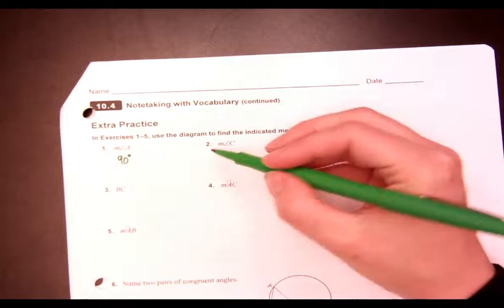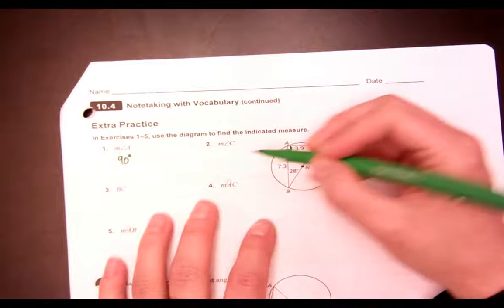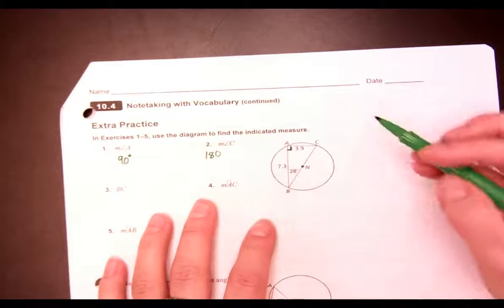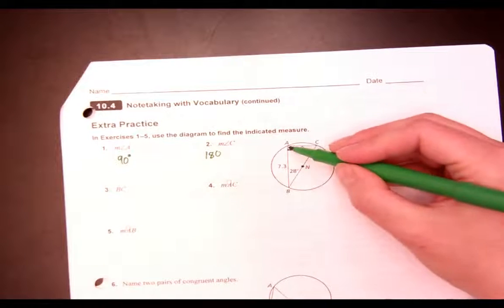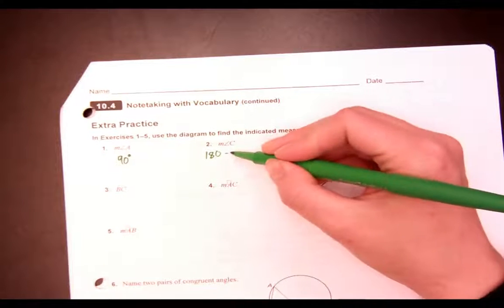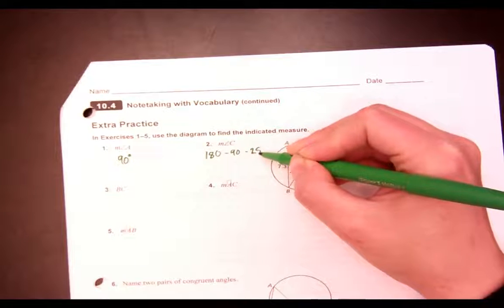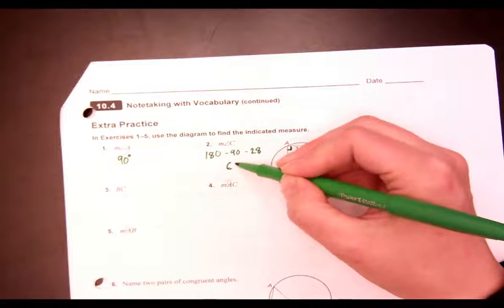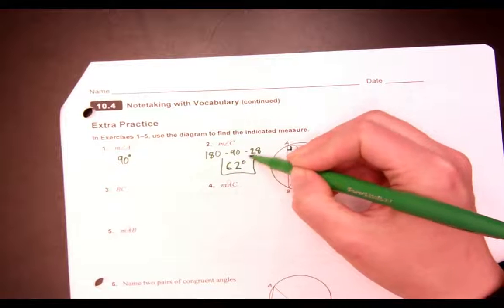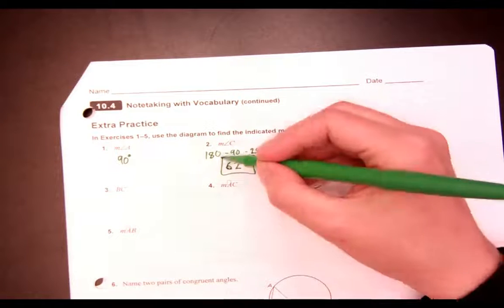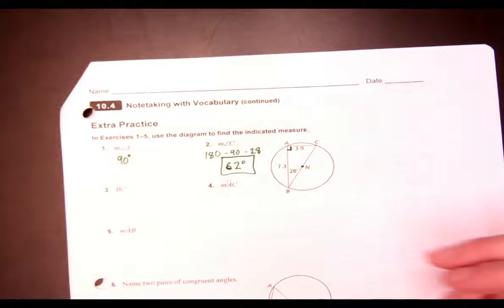Yeah. Because if that's 90 and then it's 28 at the bottom. So, 180 minus 90 minus 28, which gives us 62. So we have the whole triangle. We know it's 180 minus the 90 minus the 28 that they already gave us, which gives us 62. Okay, so just back to simple triangles because we recognize that it's a 90-degree angle.